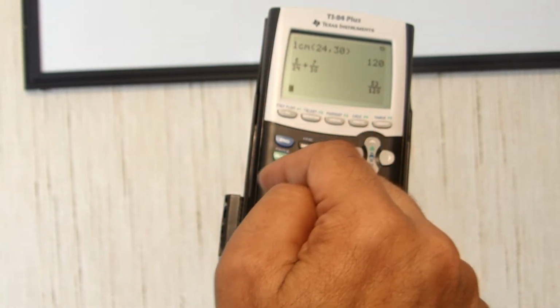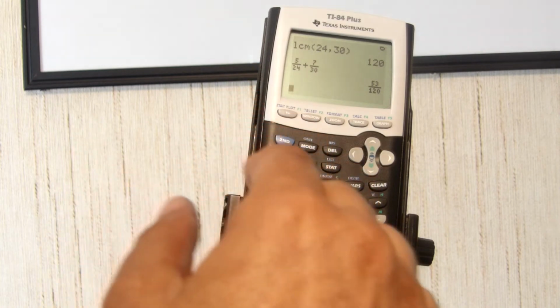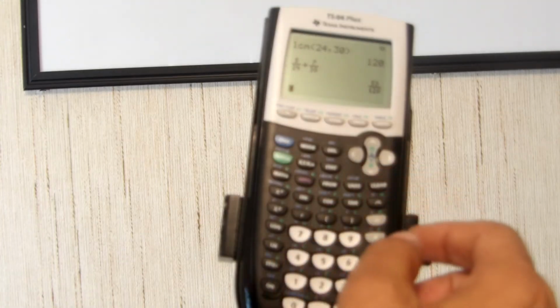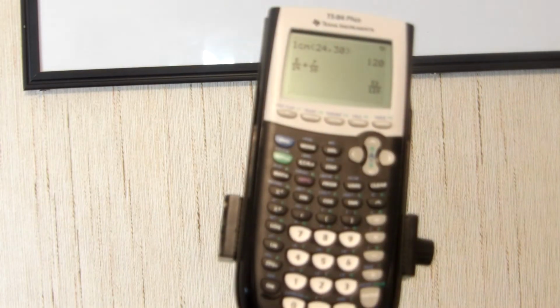I will show you later on, or we talked about it, I think we can multiply 30. It's all rules, you know, it's just the rules of addition and subtraction of fractions.